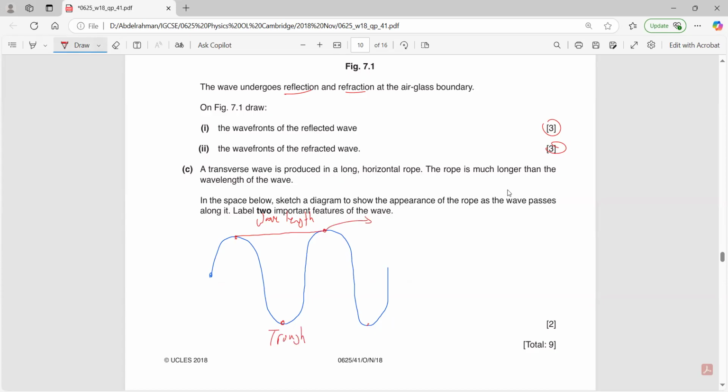This is a crest. We can draw the amplitude. So this distance is called the amplitude. Not bad, huh?